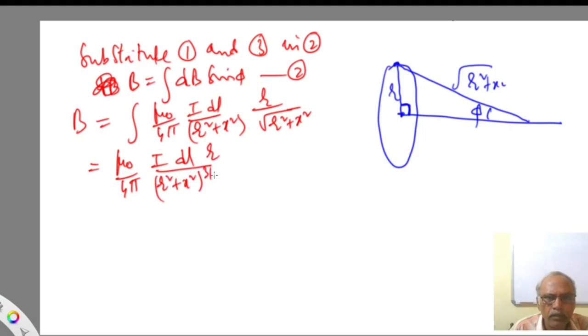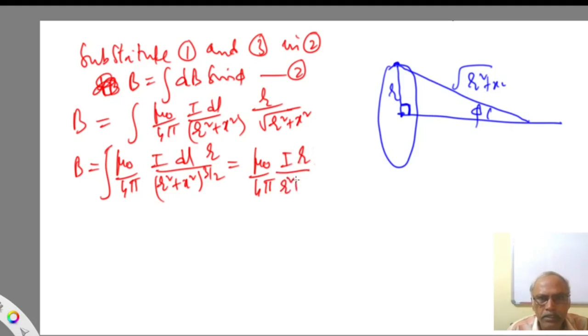This you can write as mu naught by 4 pi I into r by r square plus x square power 3 by 2, into integration of dl, because mu naught, 4 pi, I, r, x are all constants.